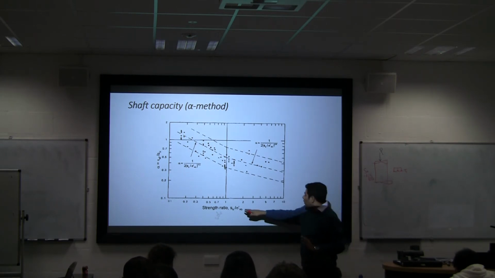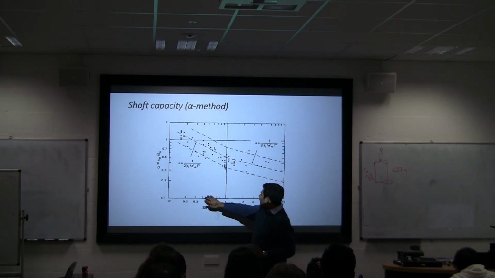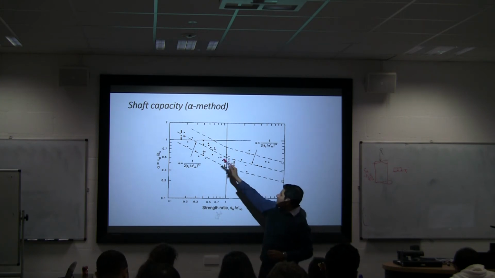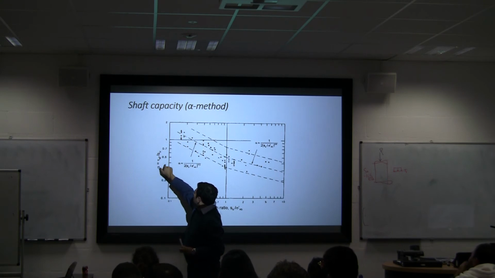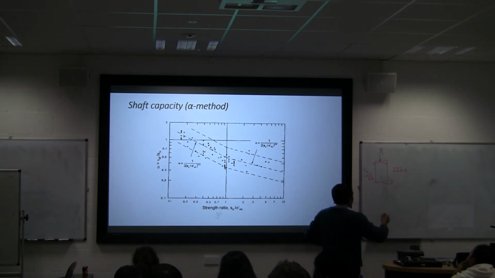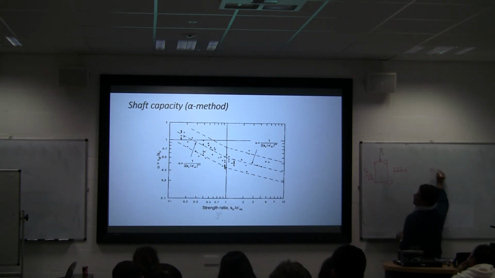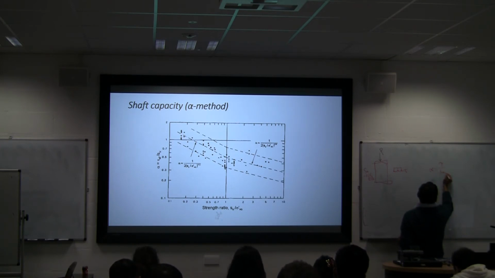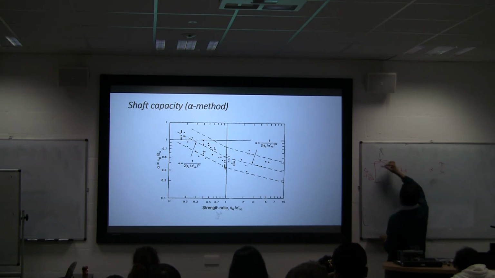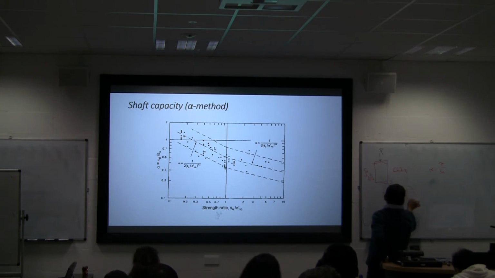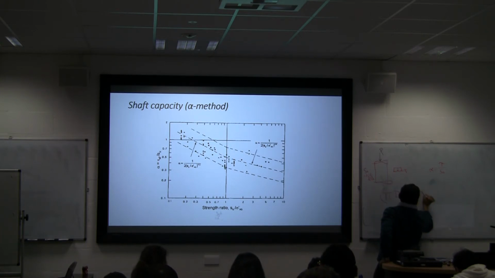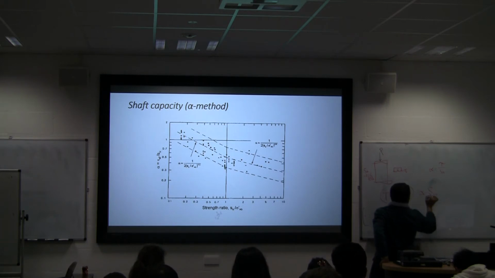If it is more than 1, I come here, less than 1, I go there. I pick this graph, I get alpha. So alpha is equal to tau by SU. Then the friction for this part would simply be pi diameter Z times alpha SU. This is in kPa.